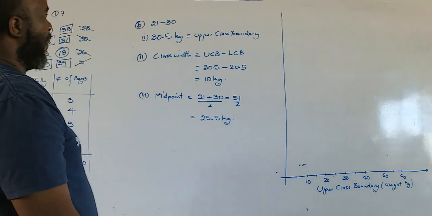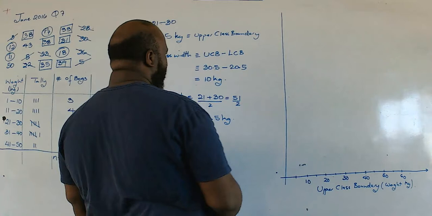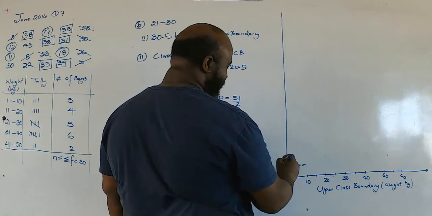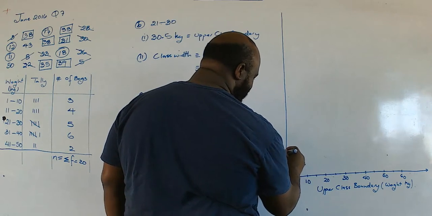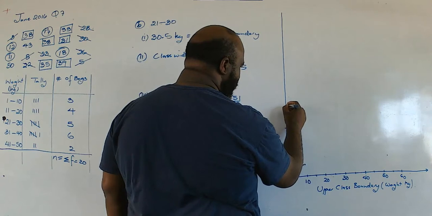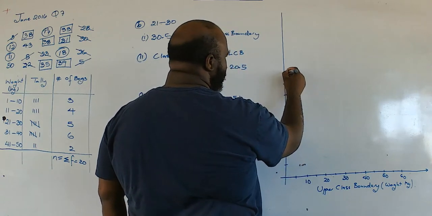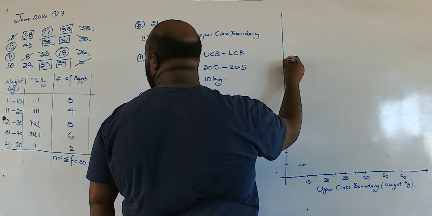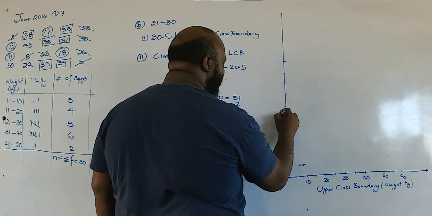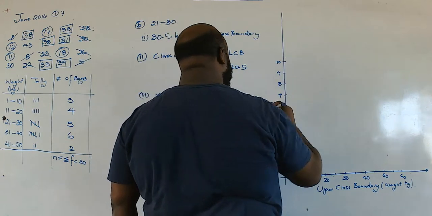Over here is the frequency, and it's 1 centimeter to 1 bag. 1, 2, 3, 4, 5, 6, 7, 8, 9, 10.